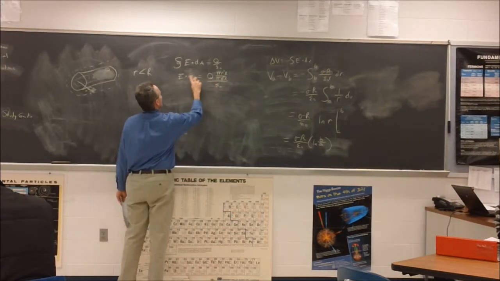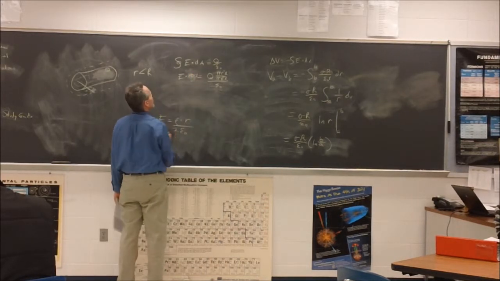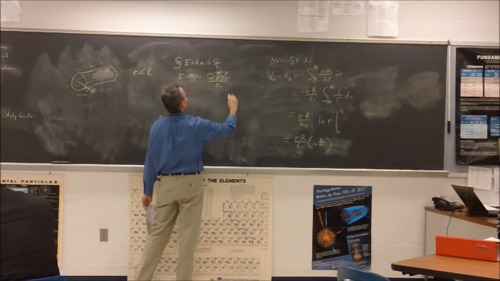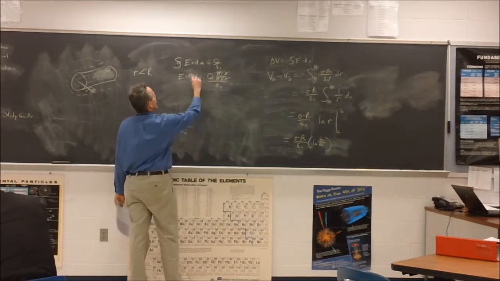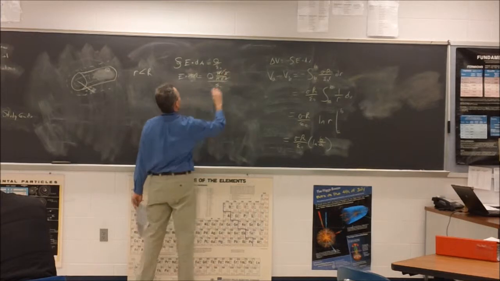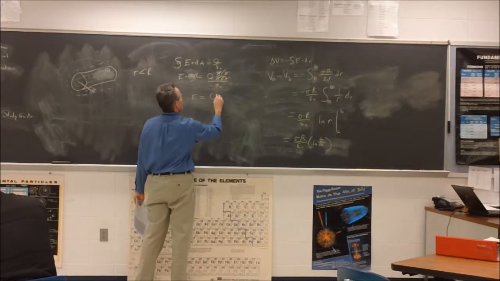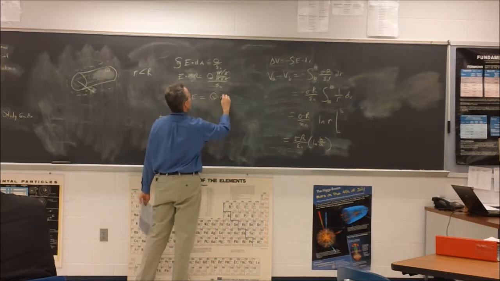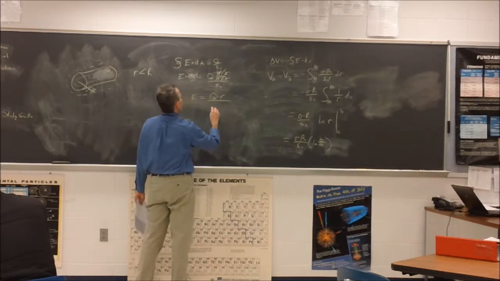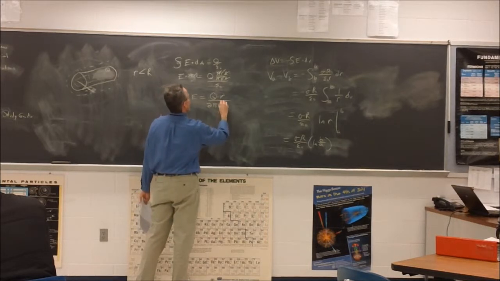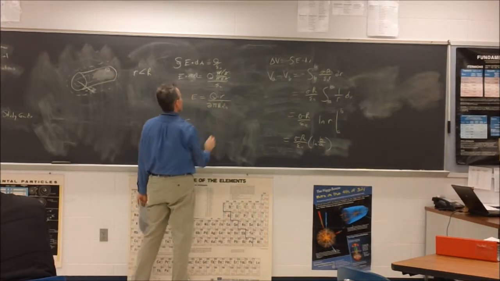The area of the Gaussian is going to be 2 pi r L. The pi's cancel, the L's cancel, and the r cancels the square. So I have the E field is equal to Q times little r over 2 pi big R squared epsilon naught.